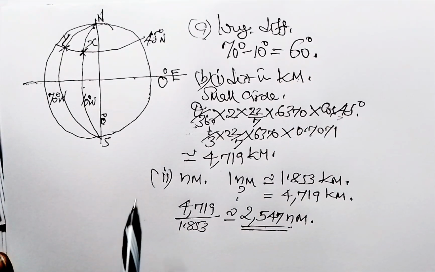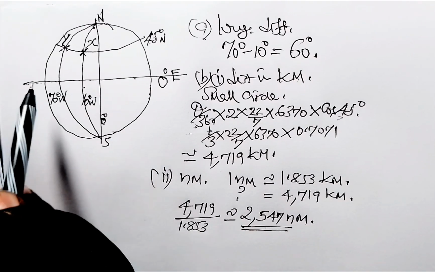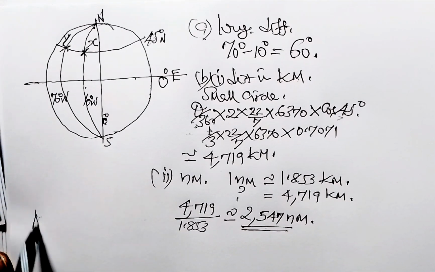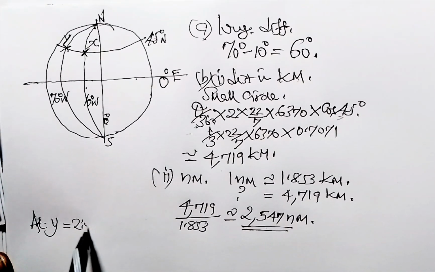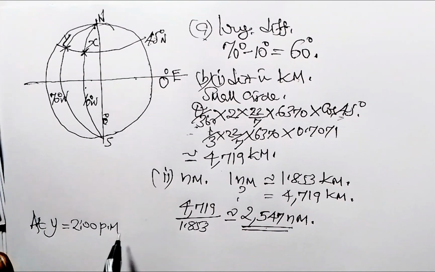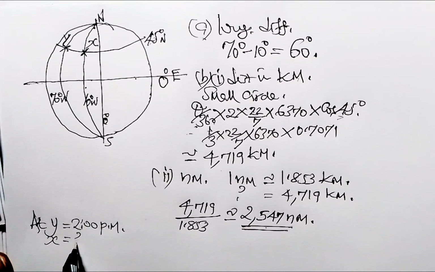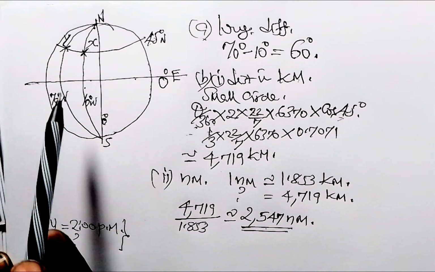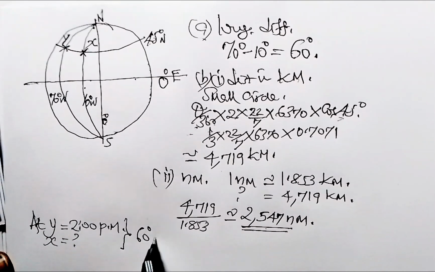And since the Earth rotates in a west-easterly direction, we are told that the time at Y is 2 p.m. What will be the time at X if the longitude difference between the two is 60 degrees?